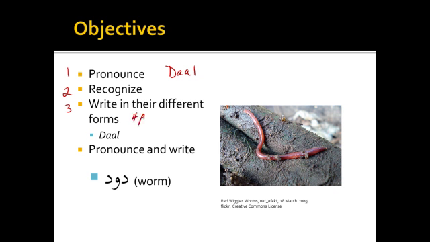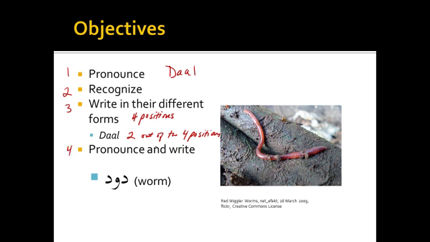And remember, there are 4 positions that relate to Arabic letters. Now the Daal, like the Alif we discussed before, and the Waaw, only has 2 out of the 4 positions. It has 2 forms out of the 4 positions.